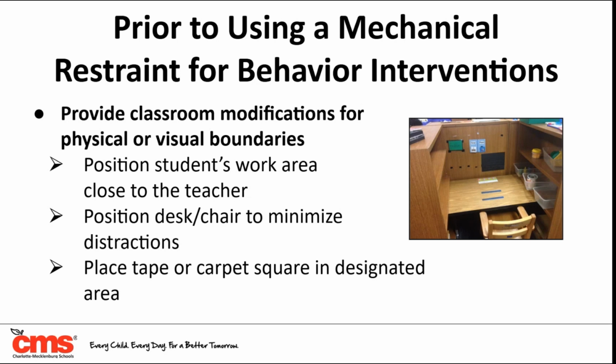Some of my most effective classrooms that are dealing with some of these maladaptive behaviors, once they implement those belonging spaces, those designated areas, you see a decrease in behavior. It's important to make sure that you have all of these interventions in place and they've been attempted before you move toward a mechanical restraint for behavior interventions.